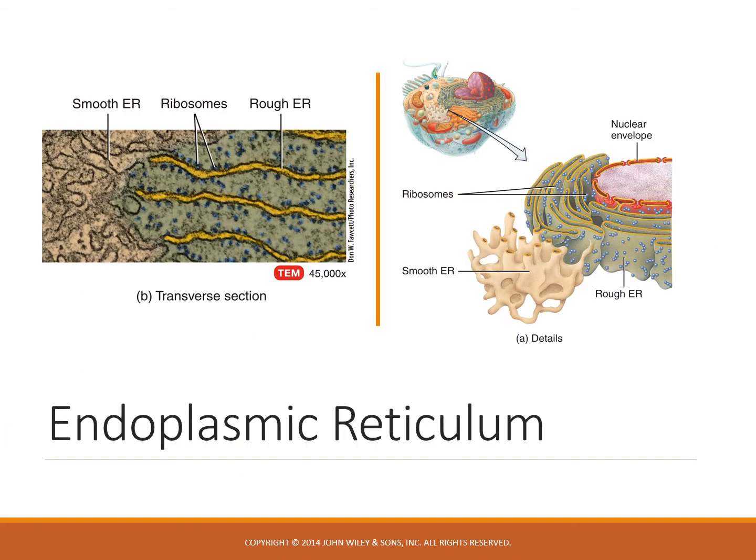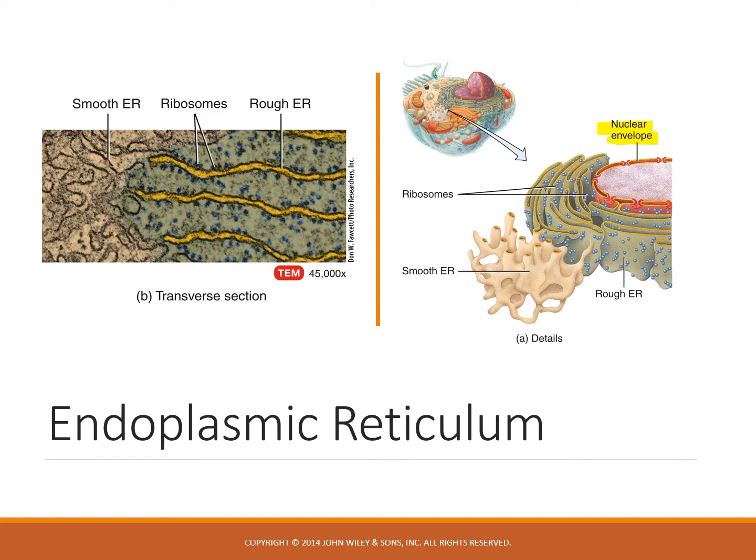The endoplasmic reticulum is a network of membranes that form flattened sacs or tubules, and it extends from the nuclear envelope, as you can see on this right diagram here. Here you have the nuclear envelope that's kind of in red, and the endoplasmic reticulum extends from there. It's in green. And it projects throughout the cytoplasm.